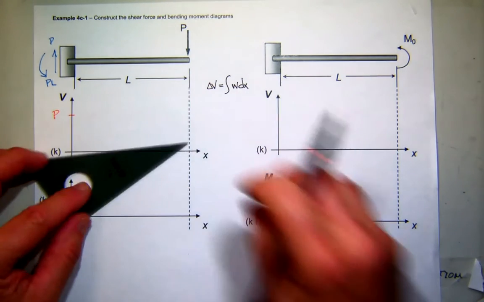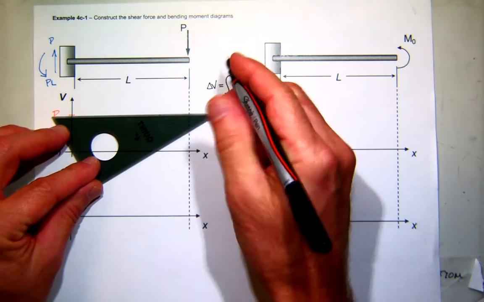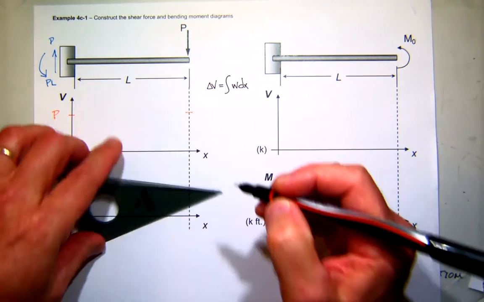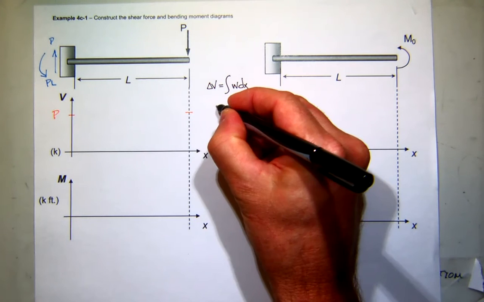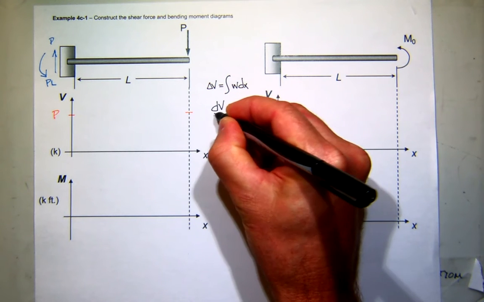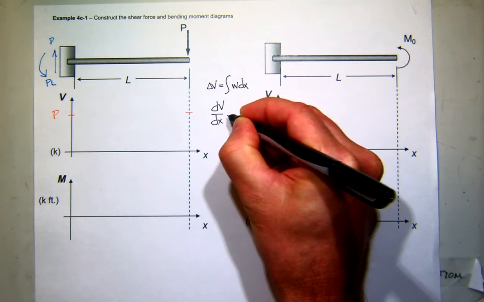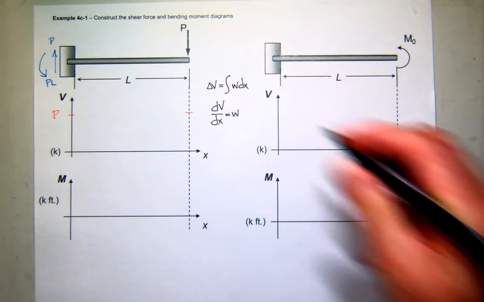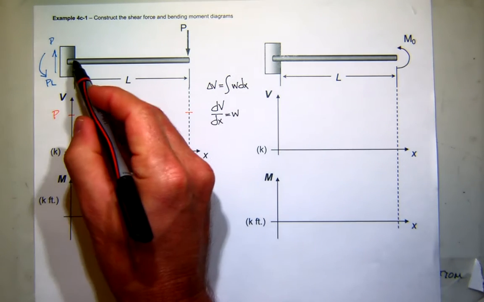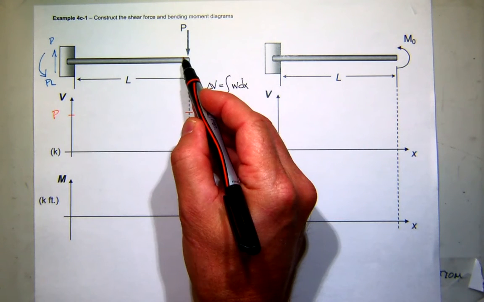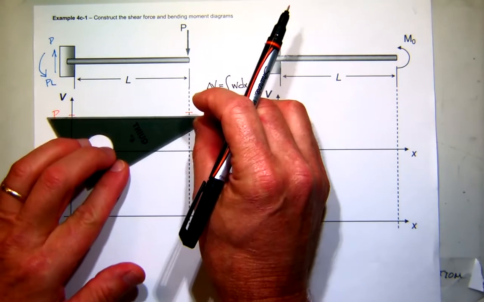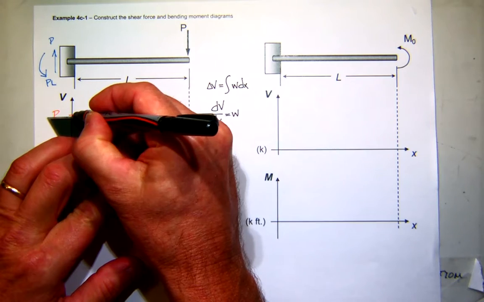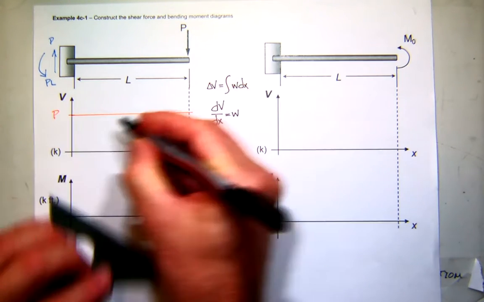So if we start at positive P, we better end at positive P. And the corollary to that is that the slope of the shear diagram is given by the value of the load. And what is the value of the load from 0 to L? 0. So again, what kind of curve has a 0 slope? Horizontal line. So this beam has constant shear.